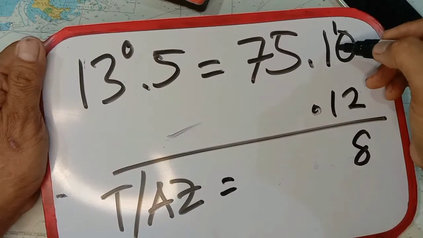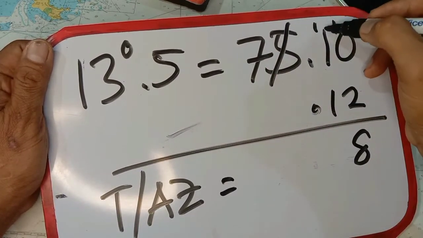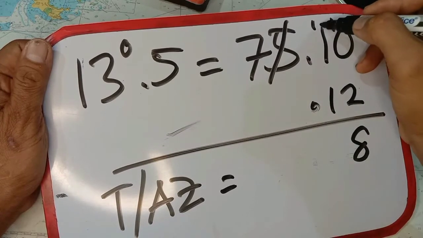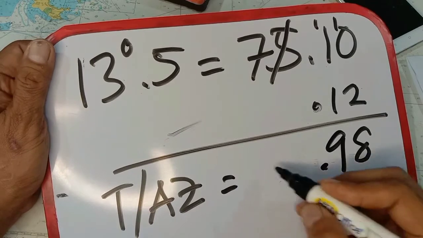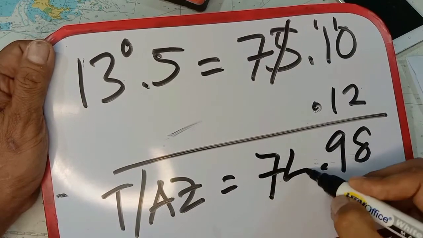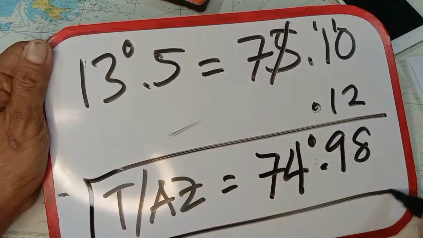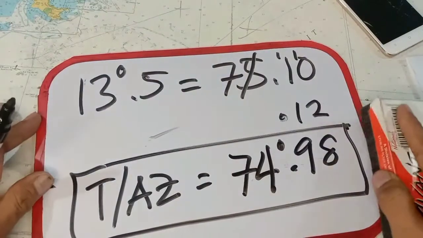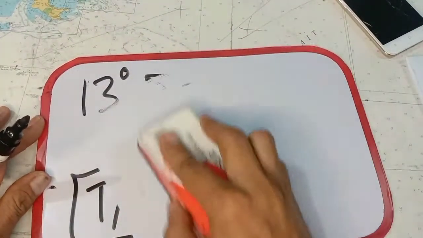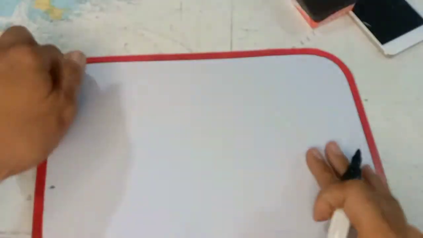So, ito, borrow 1. So, 11 minus 1. So, magiging 10 minus 1 is 9. So, true azimuth is 74 degrees 0.98. This is the true azimuth of sun using the azimuth table.